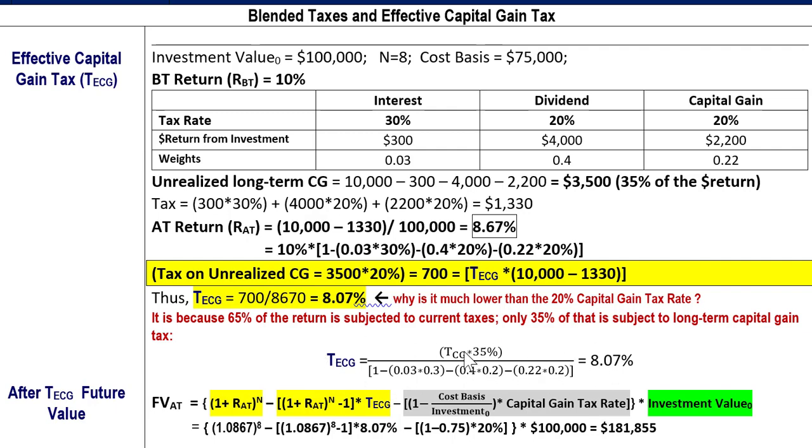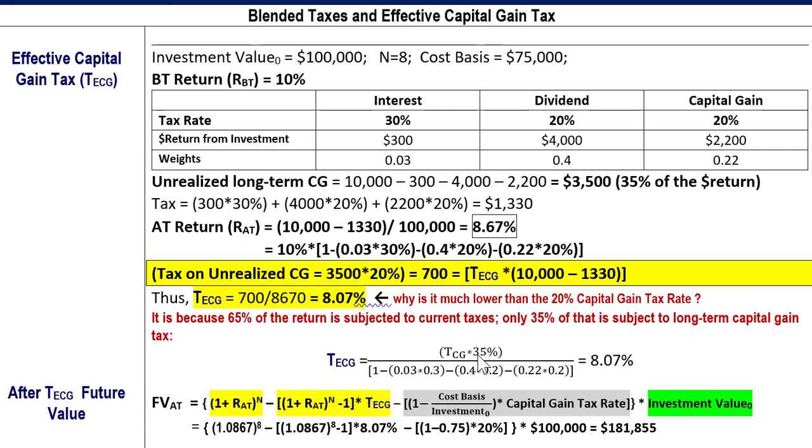This formula is pretty straightforward. It's the capital gain tax rate, which is 20%, times the 35%, because only 35% is unrealized, so only the unrealized gain.